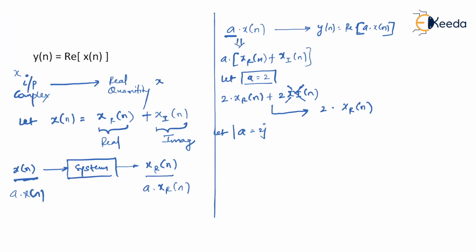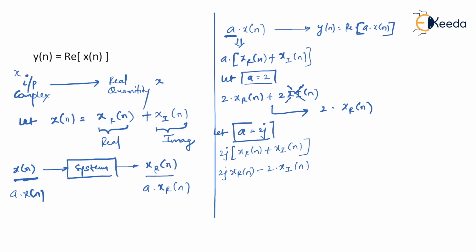So let us assume a equal to twice j. In that case, this 2j gets multiplied with xr of n plus xi of n, right? So now it becomes 2j xr of n minus 2 times xi of n.